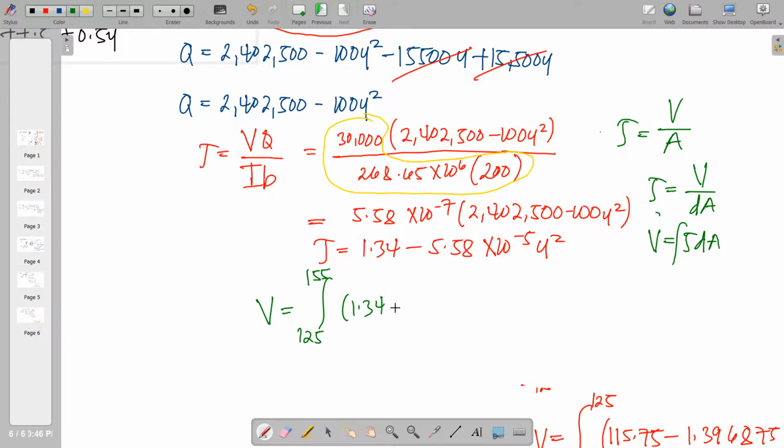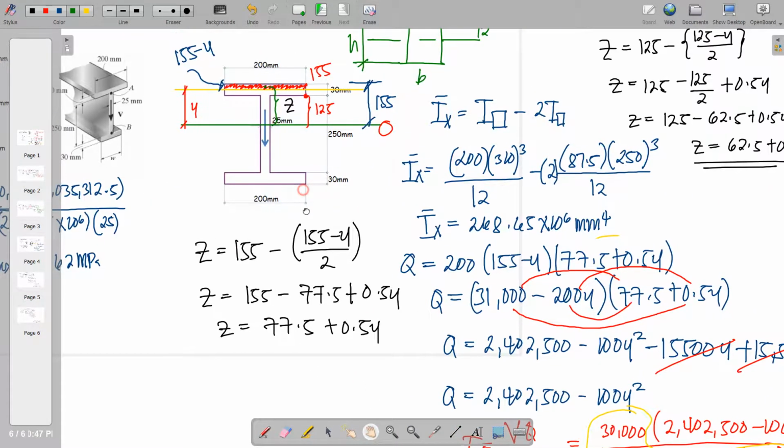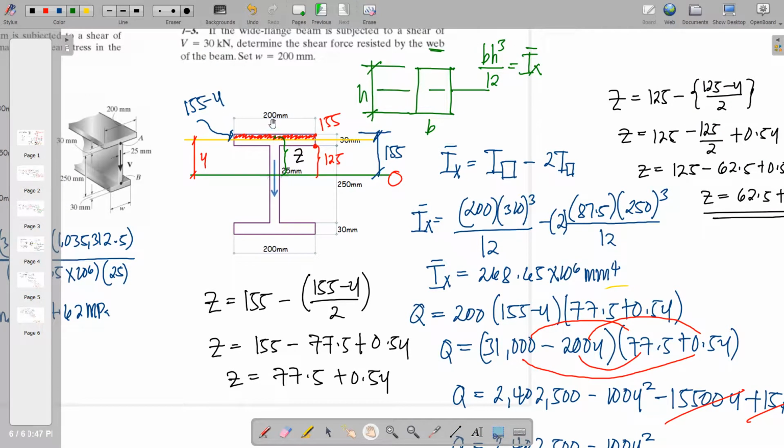So we just copy that, 1.34 minus 5.58 times 10 raised to negative 5 y squared, and then this is dA, and then remember to transform dA in terms of dy because we are evaluating y here. Okay, so from the figure, what is dA? dA is actually the width of the flange times dy, that is 200 times dy.